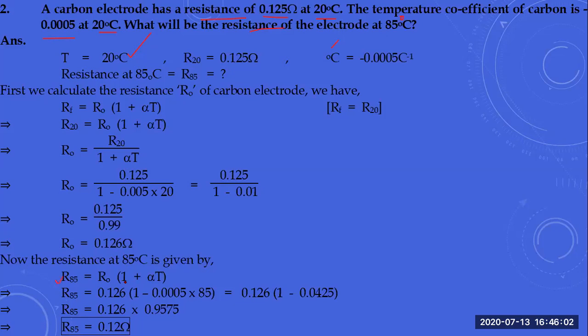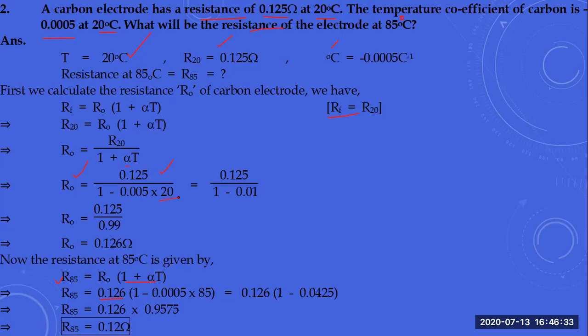This is the formula which we will use, but for this formula the resistance at 0 degrees Celsius is not given. So first of all, we will calculate the resistance at low temperature, that is R0. R0 is equal to the resistance at 20 degrees Celsius, 0.125, divided by 1 plus the coefficient of resistance times the temperature.